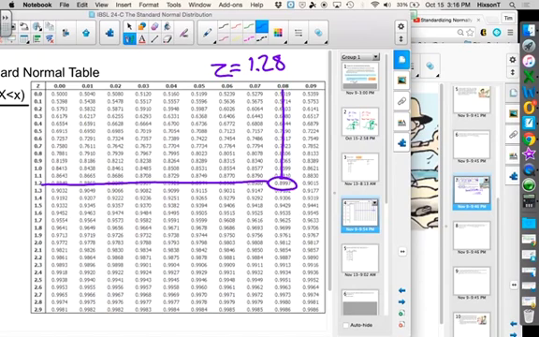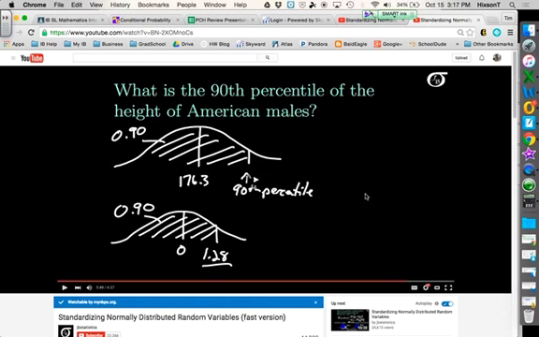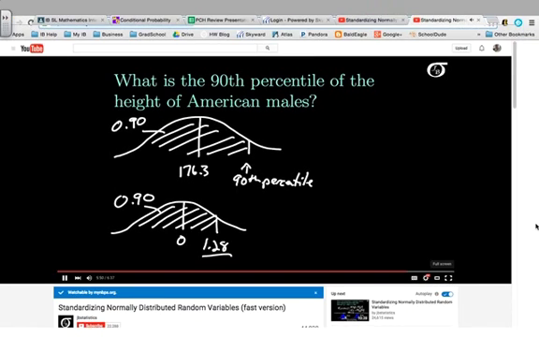That's where he got that number from. Now he's going to convert that, kind of undoing that process of x minus mu over sigma, to figure out what x value has this z value. I'm going to let you verify that for yourselves using a computer or a standard normal table.